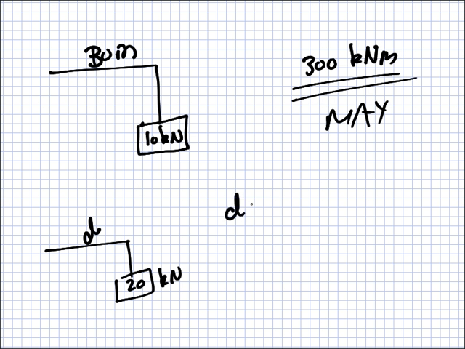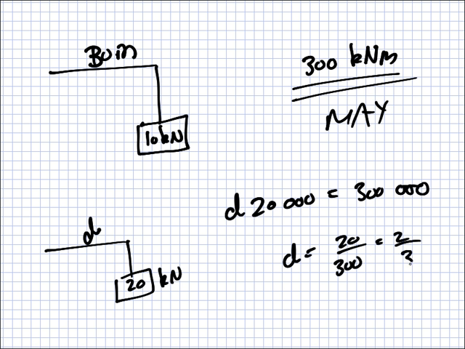So it's D times 20,000 must equal 300,000. So D is 20 over 300, which is 2 over 30, which is 1 over 15, which is 0.0667?